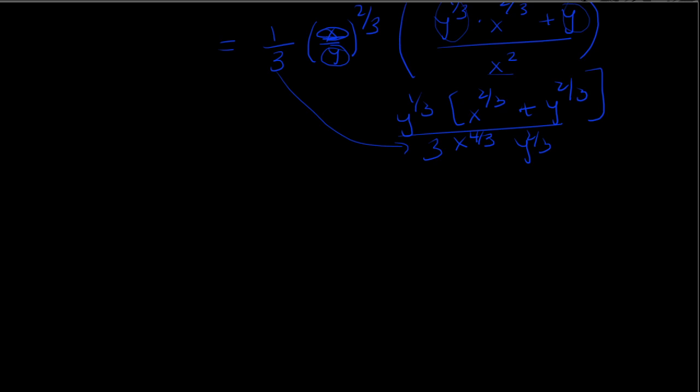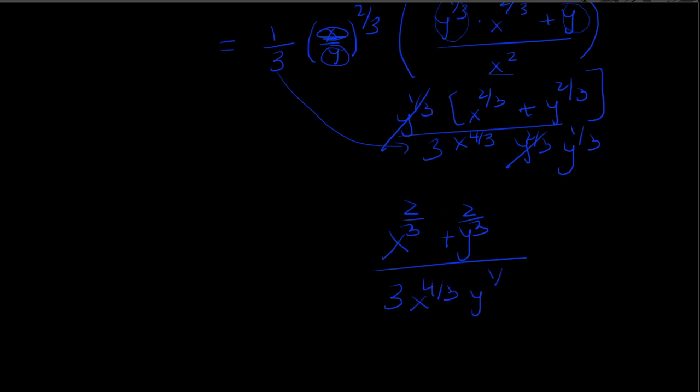So y to the 1/3, y to the 2/3. So that's going to be y to the 1/3 on the bottom. So I'm left with x to the 2/3 plus y to the 2/3 over 3 times x to the 4/3 times y to the 1/3. And that's my derivative.